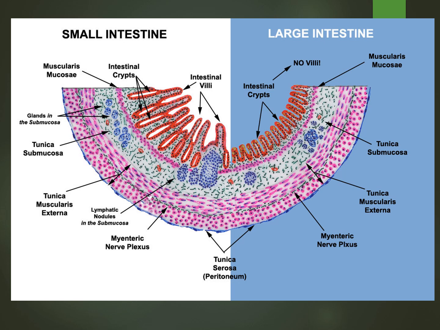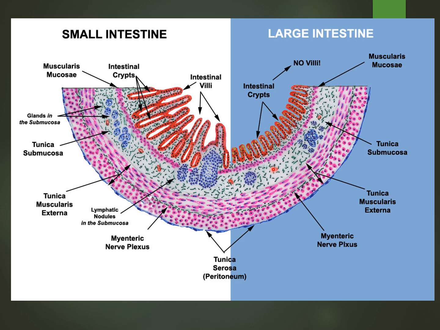Let's see the difference between the small intestine and the large intestine. On the right side you have the small intestine, all three parts: this is the duodenum, this part is the jejunum, and this is the ileum. And this side is the large intestine.